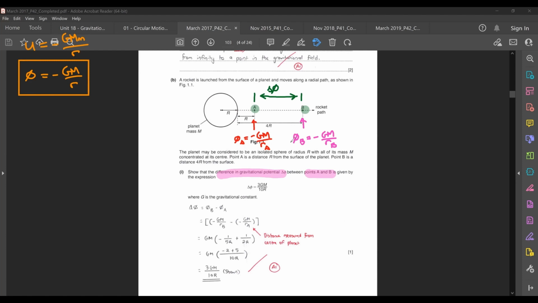Okay, so between these two, which one is actually the higher value? The potential at B is actually higher, whereas the potential at A is actually lower, because just now I did mention to you, when you go further away from the center of your main mass, your height is increasing, therefore your GPE is increasing, right?